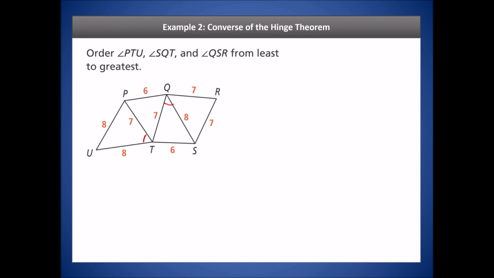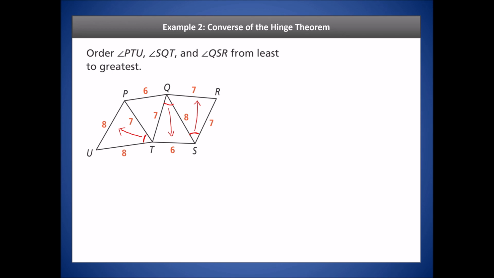And we have QSR. And so in order to use the Hinge theorem, remember, we have to have two pairs of congruent sides. So we need to make sure that that's true first, okay? So basically we're trying to compare the opposite side right here, right? We're trying to compare the PU side, the TS side, and the QR side.